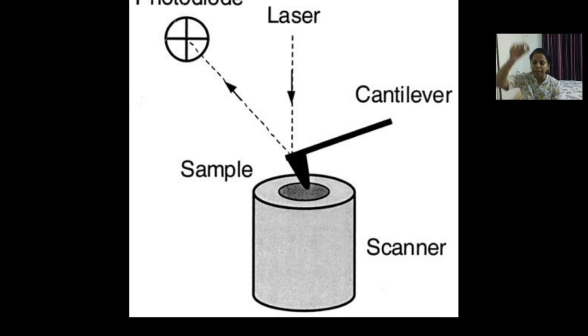Laser light is generally used here on that sharp tip, and when any kind of force acts between the tip and the sample, the light is deflected accordingly. The photodetector, or photodiode, detects the deflection of the light, and that can be directly correlated with the interaction and the force acting between the tip and the sample.